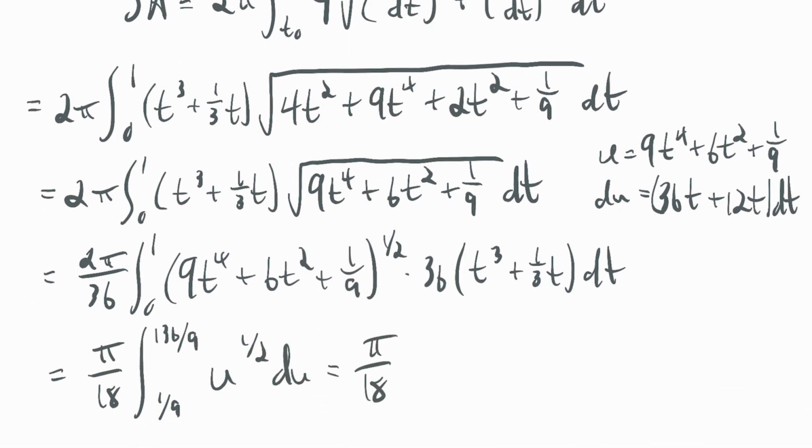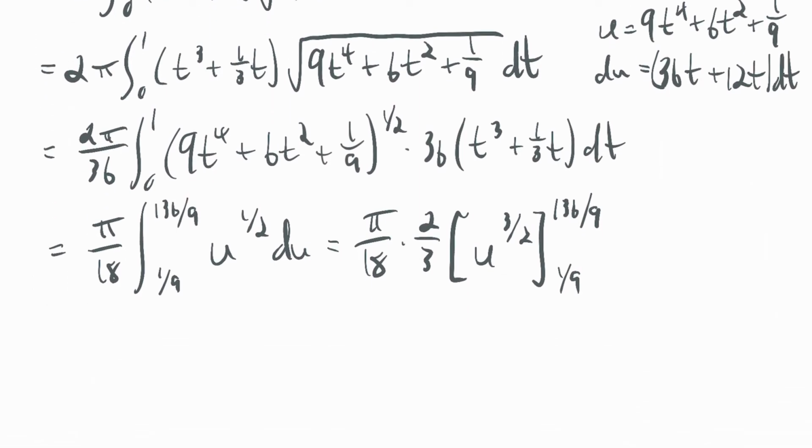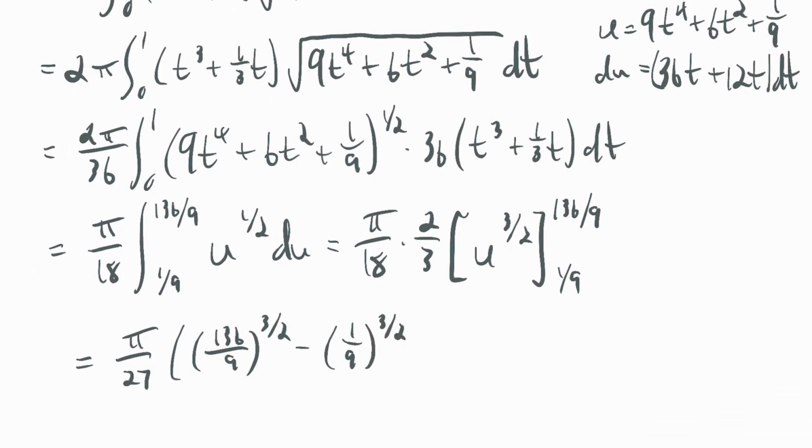Pi over 18 times 2/3 times u to the 3/2 power evaluated at 1/9 and 136 over 9. It's getting a bit messy with the fractions, but the substitution worked out pretty well, I think. So pi over 27 times 136 over 9 to the 3/2 power minus 1 over 9 to the 3/2 power.